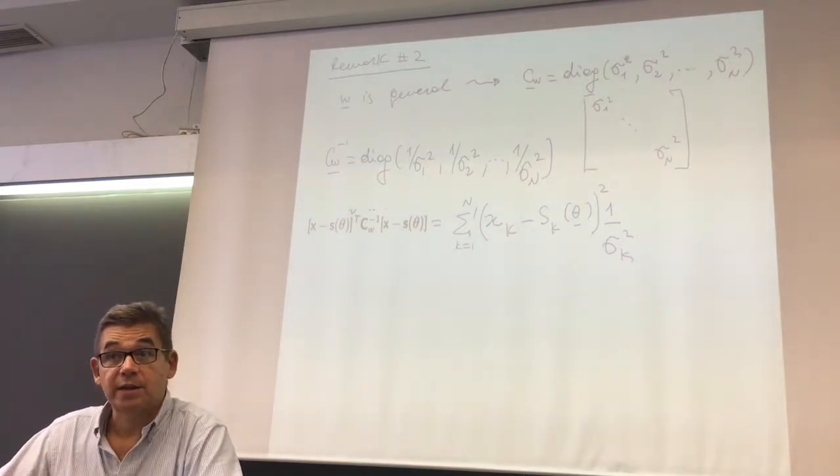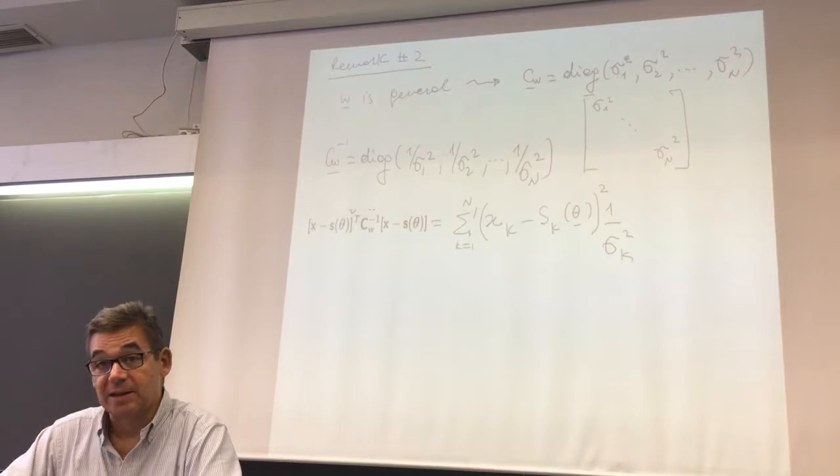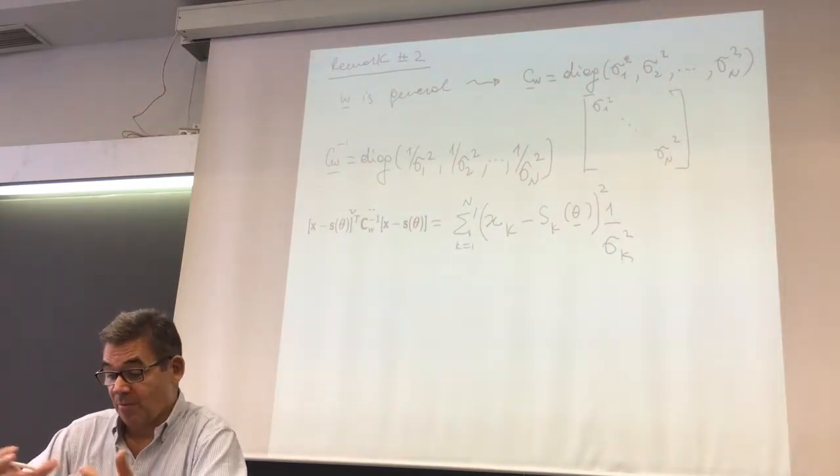This is the writing in extensive form of exactly that metric, which is the one that I'm minimizing.